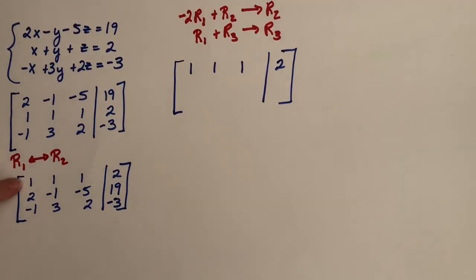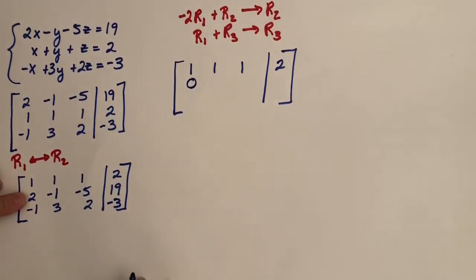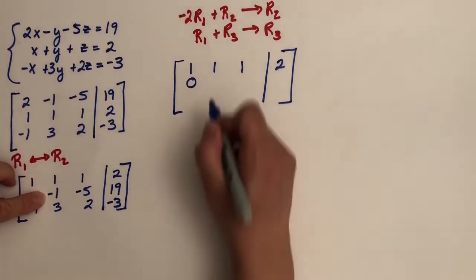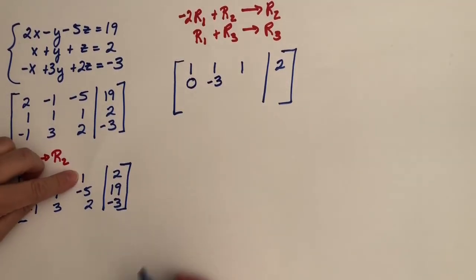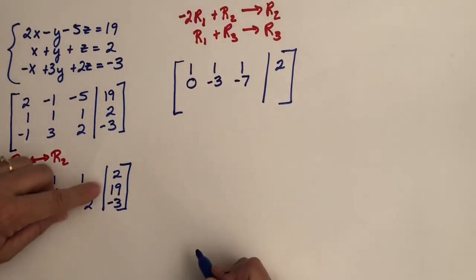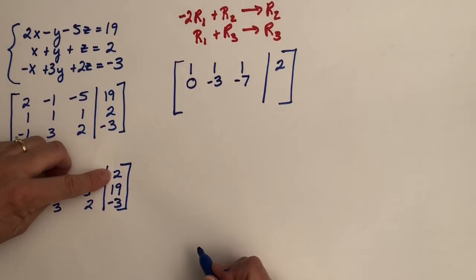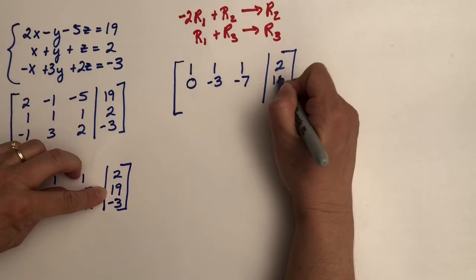So it's -2 times 1 plus 2 is 0. -2 times 1 is -2 plus -1 is -3. -2 times 1 is -2 plus -5 is -7. -2 times 2 is -4 plus 19 is 15.